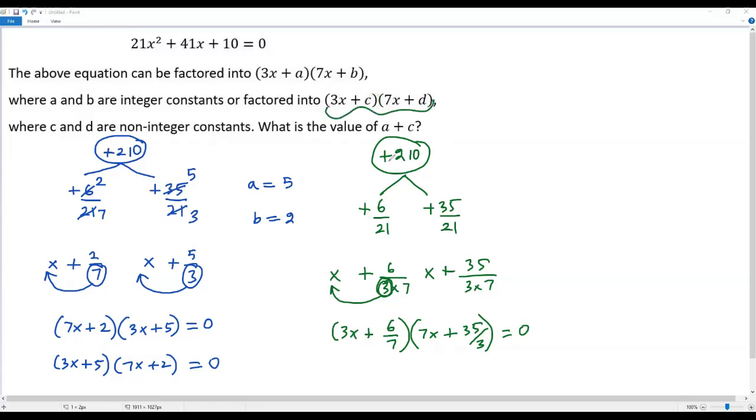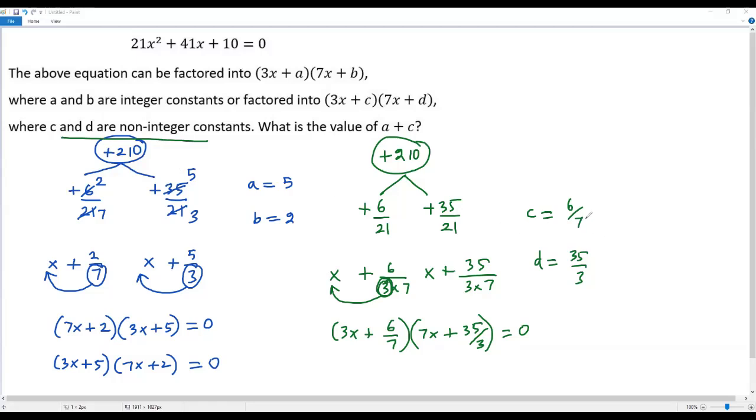So comparing this and this, what values do I get for c and d? So c is equal to, at the place of c in our factor form, we have 6 over 7. So the value of c is 6 over 7 and the value of d is, at the place of d we have 35 over 3.